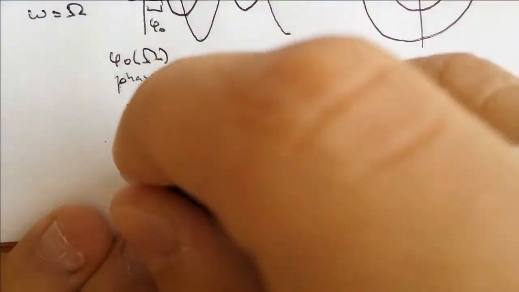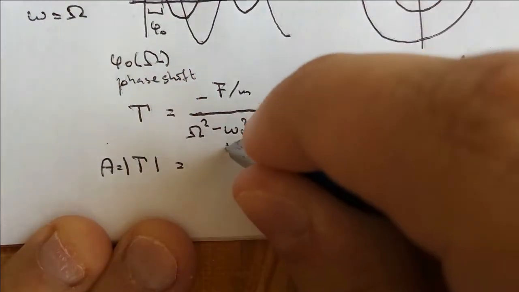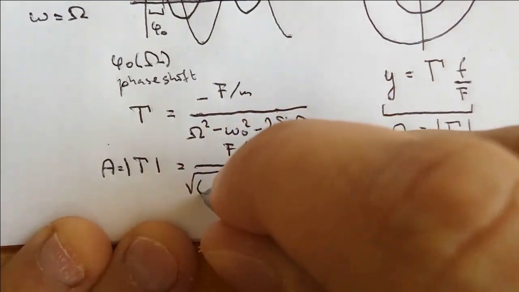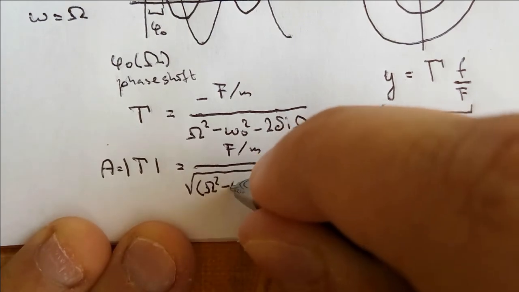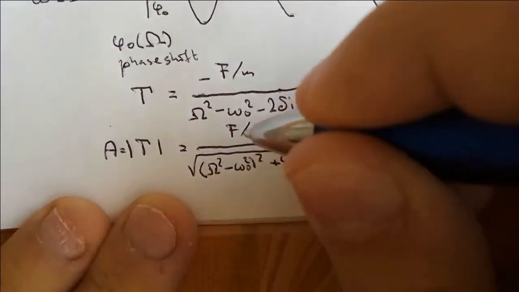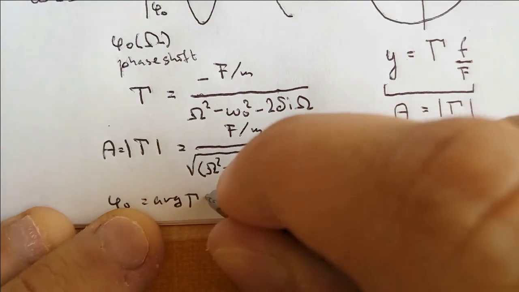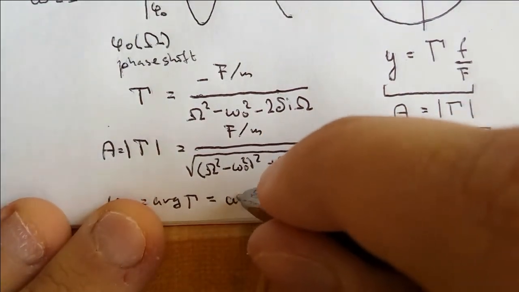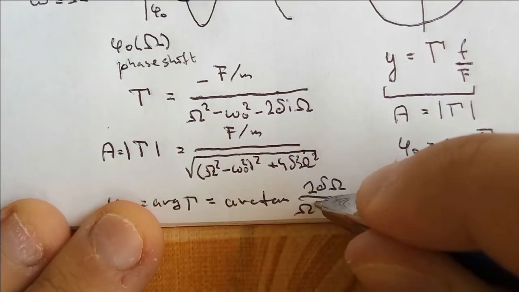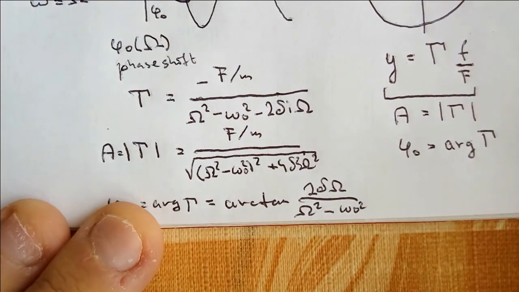And from this it is straightforward to find that the amplitude function is the magnitude, the square root of capital Omega squared minus omega 0 squared, all squared, plus 4 delta squared omega squared, and the phase is the argument of gamma, which is going to be arctangent of 2 delta omega divided by capital Omega squared minus omega 0 squared.